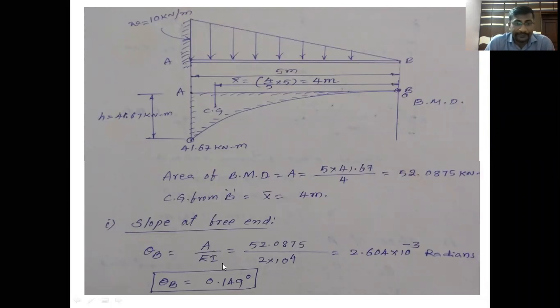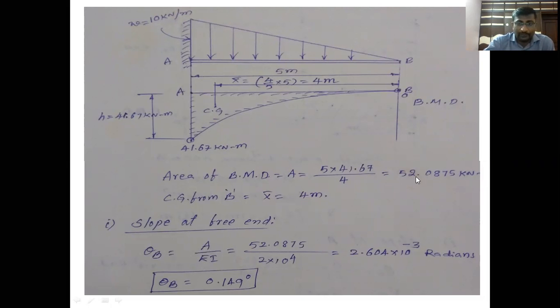Mohr's theorem 1 says that the change in slope between 2 points is equal to the area of the bending moment diagram between those 2 points per unit flexural rigidity. So theta B minus theta A: what is the slope at A? 0. So theta B minus theta A is theta B itself. Theta B is equal to the area between A and B divided by EI.